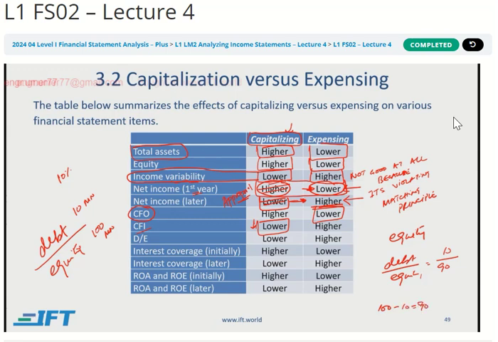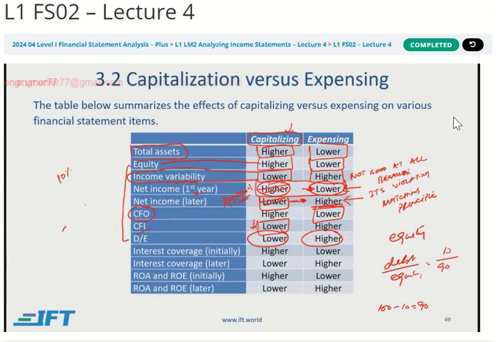And therefore obviously 10 divided by 90 is going to be higher compared to 10 divided by 100, or whatever, 99, since obviously that 1 million depreciation expense will be there. But the point is that the bigger the denominator, the lower the ratio. In case of capitalization, equity will be higher, and therefore your debt to equity ratio will be lower.